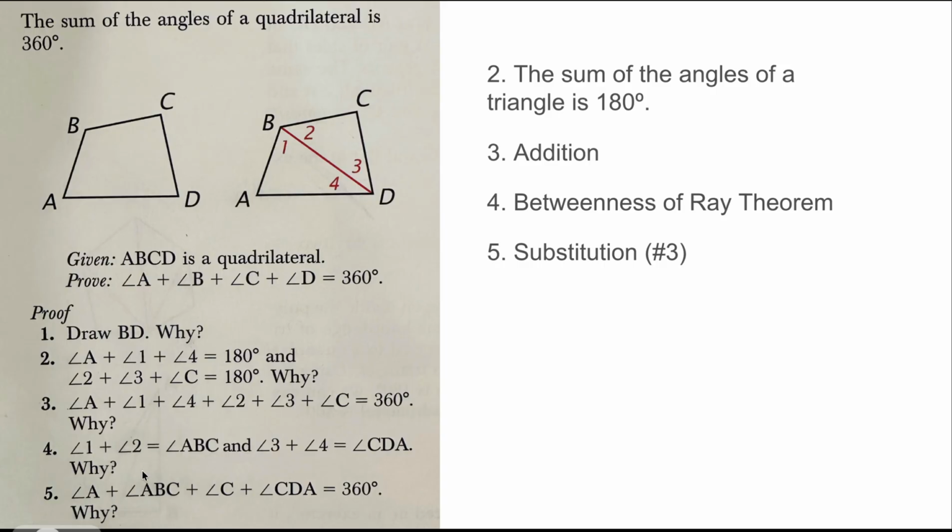Do you see how we substituted that from number 4? And 3 and 4 is this angle, CDA. And then we just added angle A and C. So now we have 1, 2, 3, 4 angles, all the angles. And so when we add them all together, we get 360 through substitution.